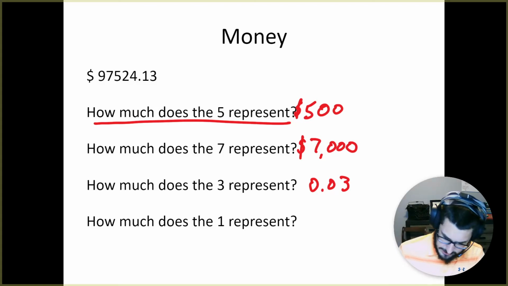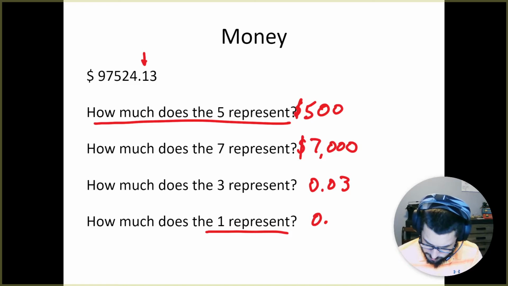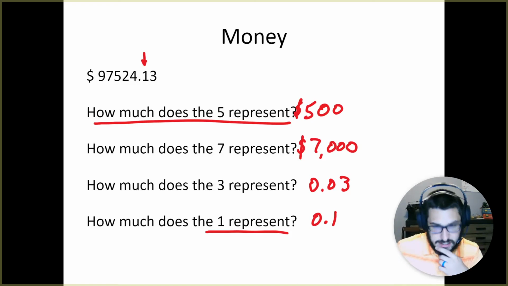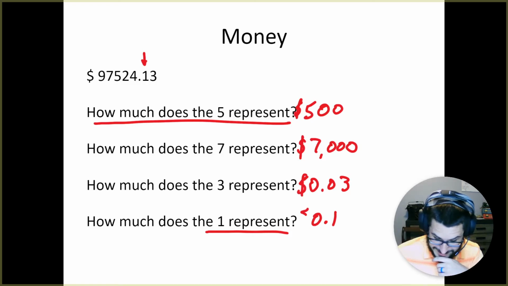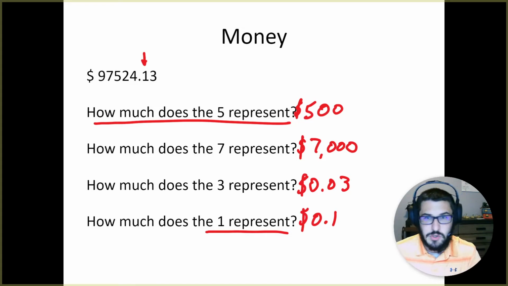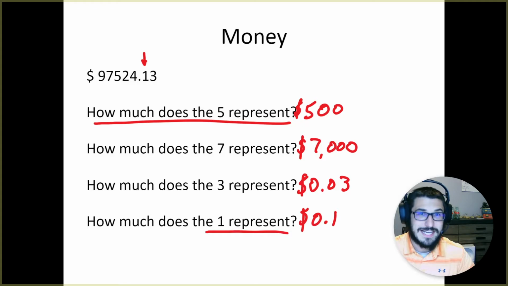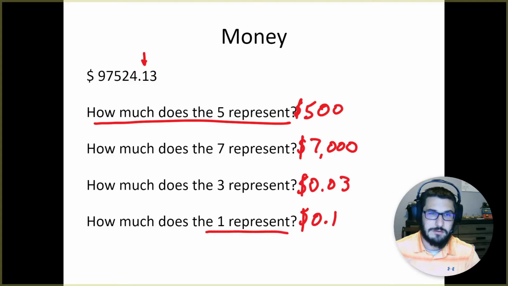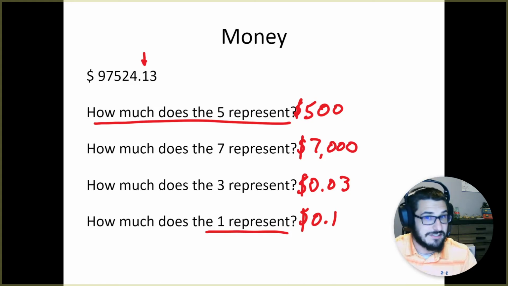And then the 1 right there tells us that there's $0.1, which means that there's 1/10 of a dollar here. So when we talk about placeholders or locations of digits, we're talking about recognizing that where the number is in relation to the decimal point tells us which place that number is telling us.